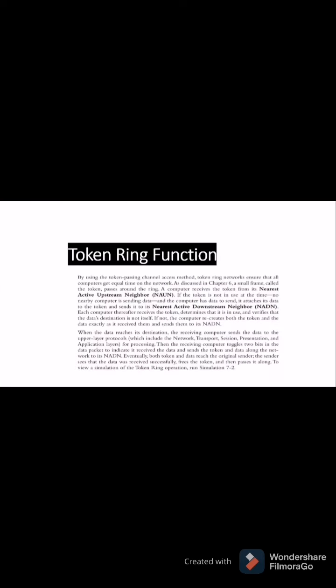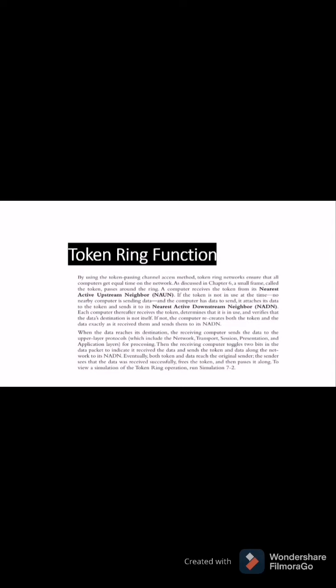So what are the token ring functions? By using the token ring, or token passing, channel access method, token ring networks ensure that all computers get equal time on the network. As discussed in Chapter 6, a small frame called the token passes around the ring. A computer receives the token from its nearest active upstream neighbor, or NAUN.